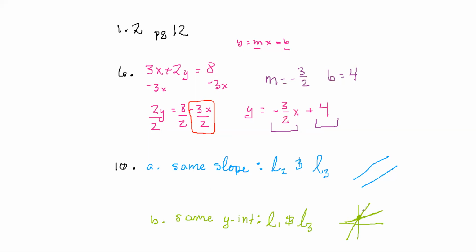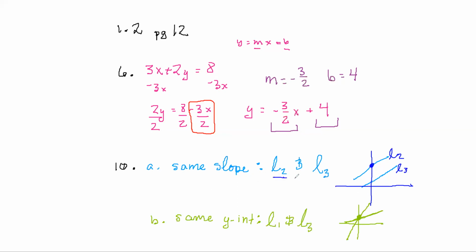Okay, so for part A, which of these two lines has the larger y-intercept? L2 or L3? It's going to be L2. That's this one on top, because it is further up the y-axis.